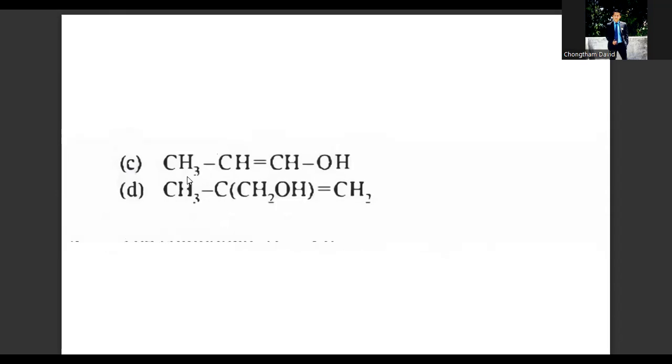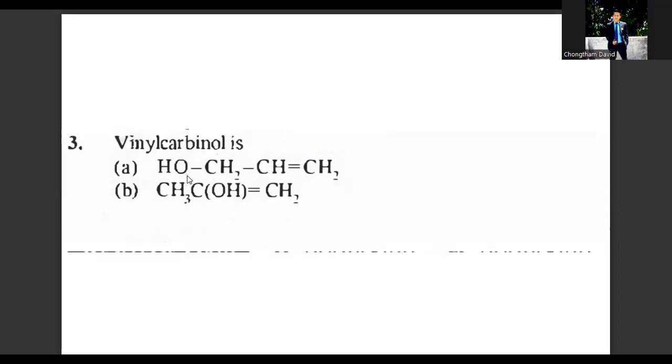So the question is asking which one is the correct formula of vinyl carbinol. As you know, vinyl carbinol is allyl alcohol, and hence it will be option 1, or A. This is the answer for question number 3.